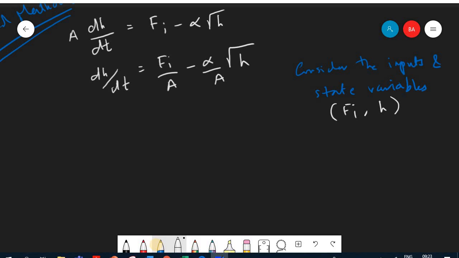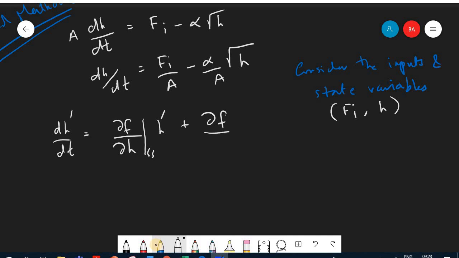So what I'm going to do here, I'm going to say dh prime by dt is equal to the partial differential with dh at steady state into h prime, plus the partial differential term by dfi into fi prime.